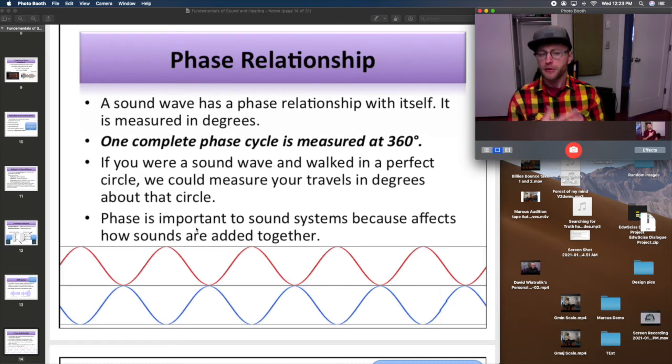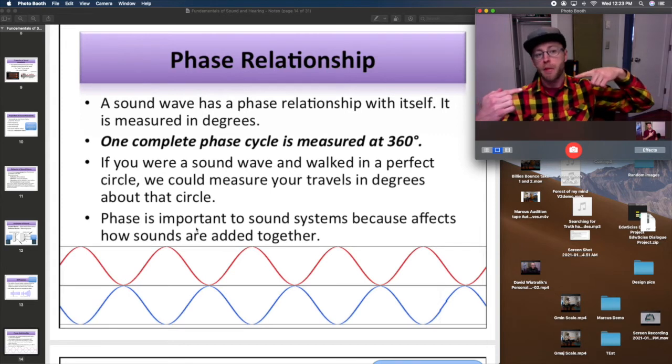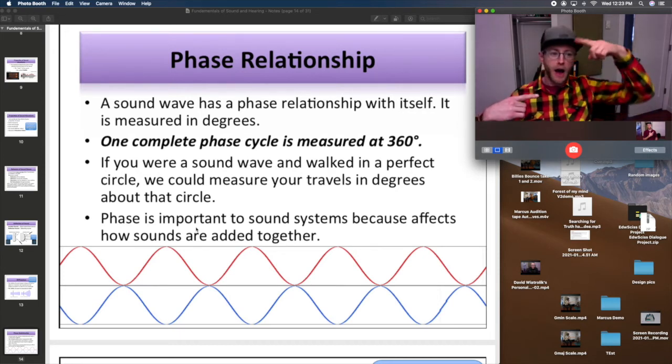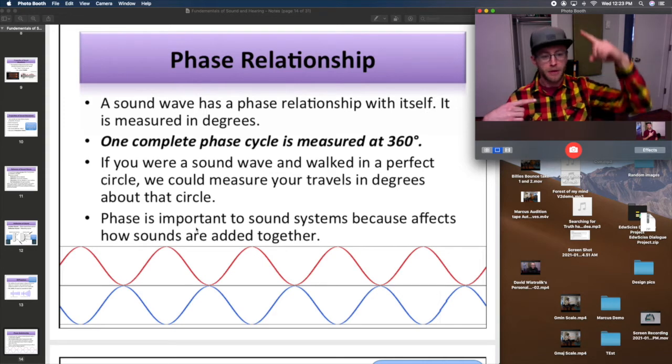Another situation is when you have a snare drum or a kick drum. You have a microphone on the front and a microphone on the back of that drum. They're in opposite directions of each other. They're picking up the same sound, but one's going to hear it in an opposite polarity.